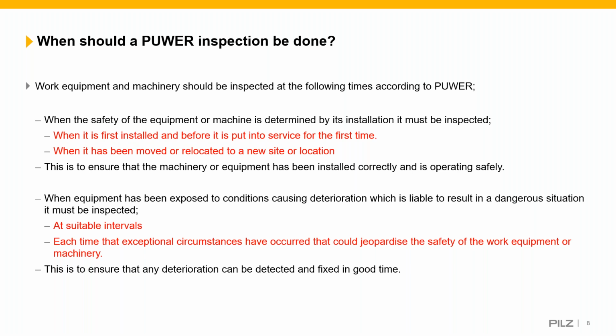It may be that there's been a malfunction on the machine and it may have caused certain issues where maybe the machine's been deformed in some way, or there's been a flood and water has got into the machine, or a forklift truck's driven into some of the perimeter fencing or something like that. So there could be various other issues around that that will cause the need for an inspection to be done.